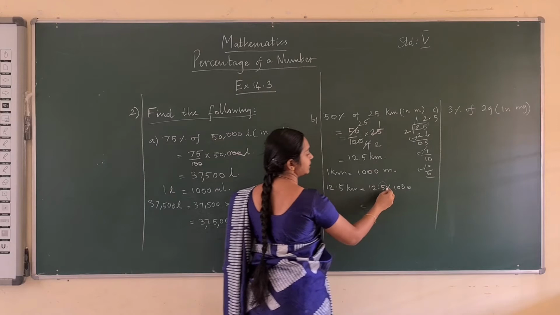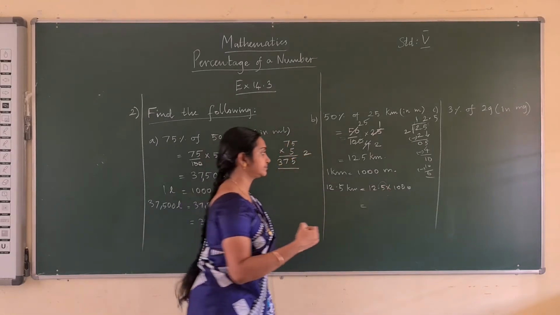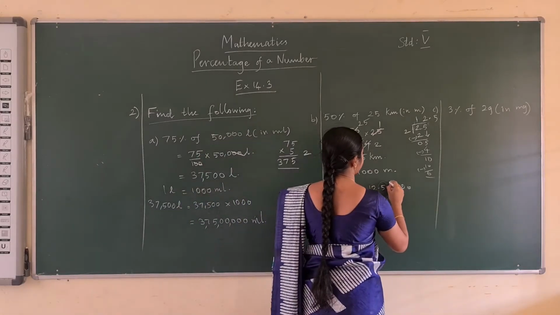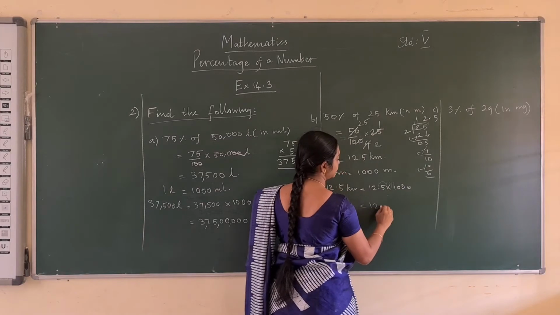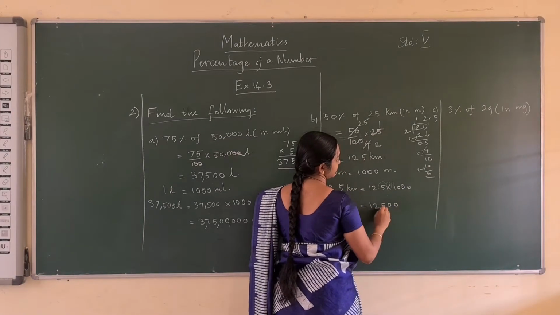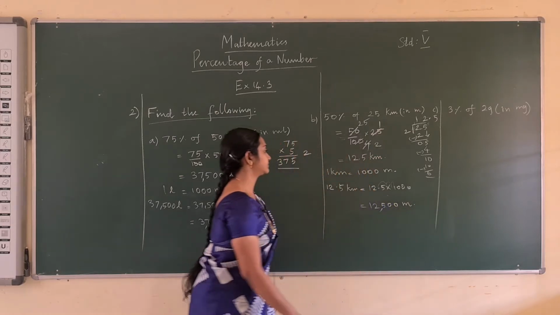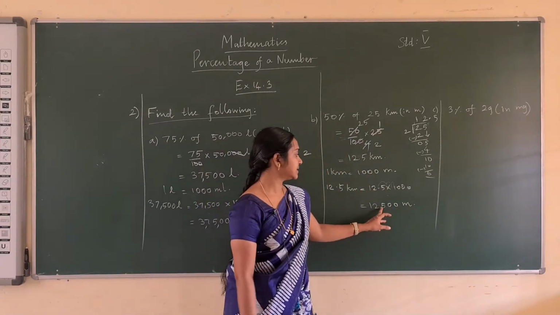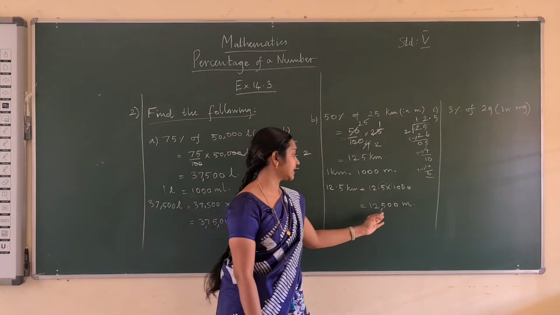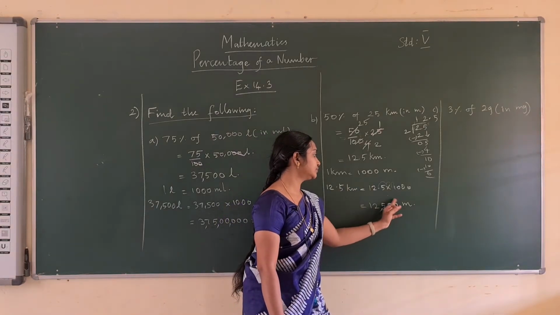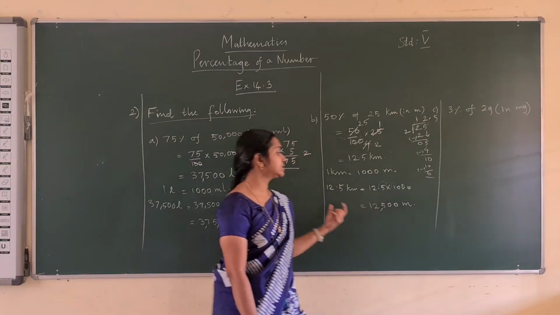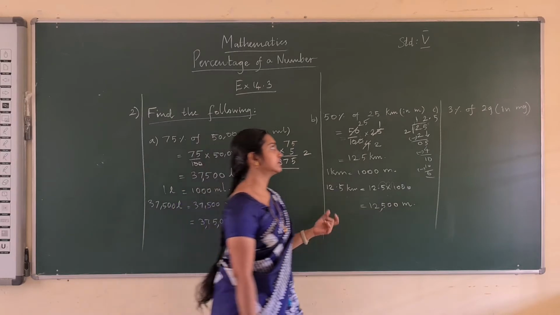If we move 1 point, decimal point will be removed. 2, 3. So we have to add 2 zeros. So it is 12,500 meter.